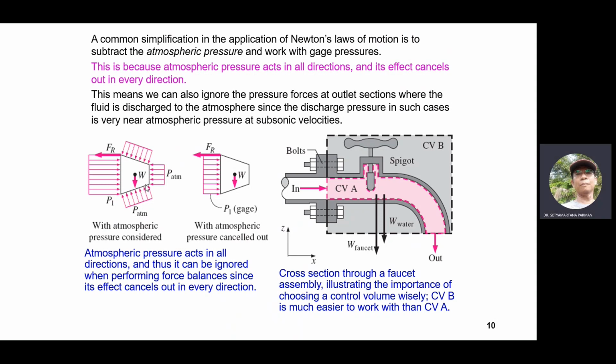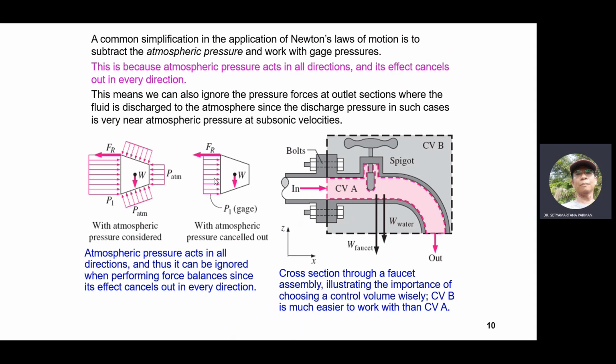So this is the figure with atmospheric pressure considered. In this part we have atmospheric pressure, in this part we have atmospheric pressure, in this part we have atmospheric pressure, and in this part we have the pressure plus atmospheric pressure.